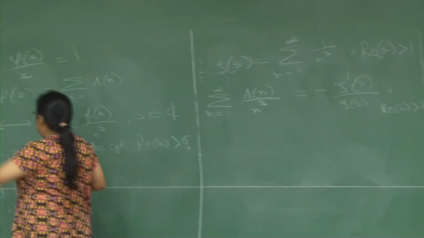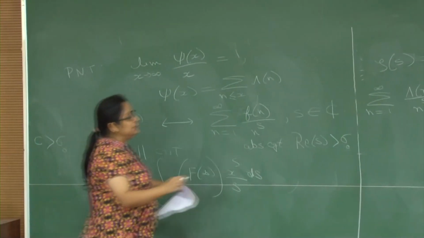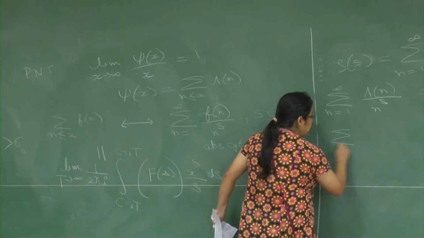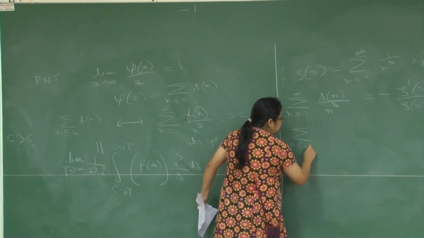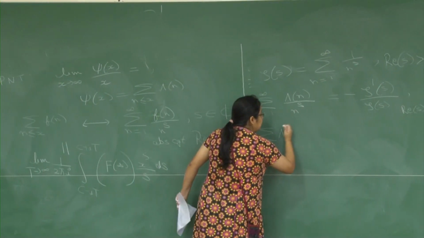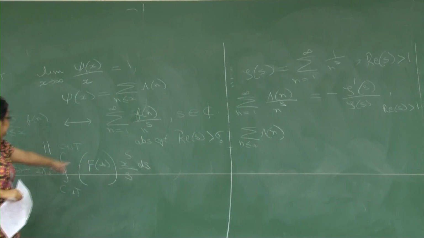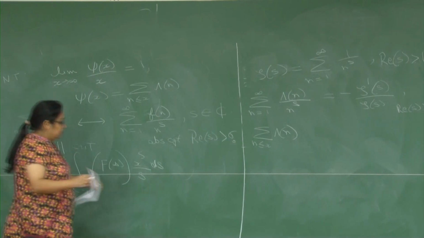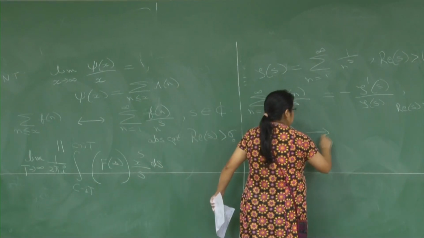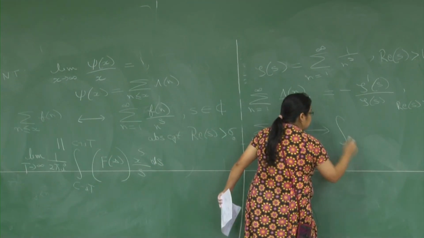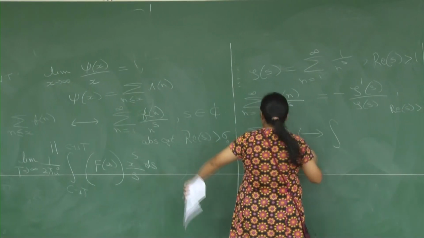And therefore, to study the partial sums, the sum over n less than or equal to x of lambda of n, you have to study the integral, for some c which is greater than 1.